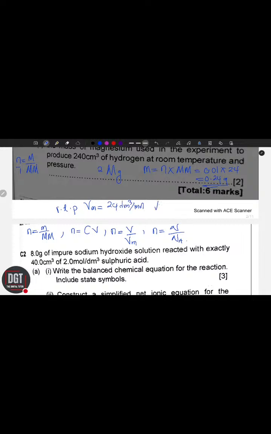Then of course you have STP, standard temperature and pressure, where the Vm is equal to 22.4 decimeter cubed per mole. So these, you need to know them when it comes to the mole concept.